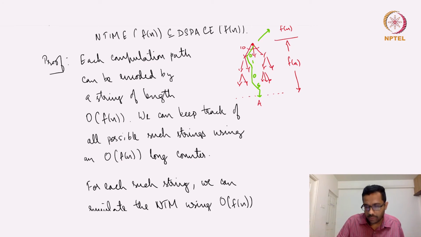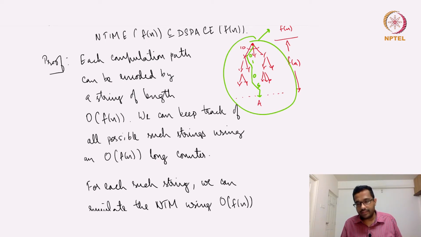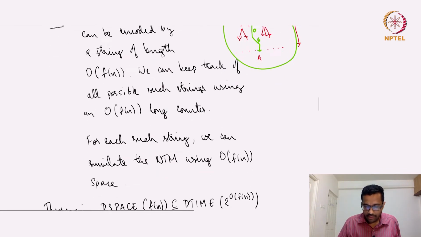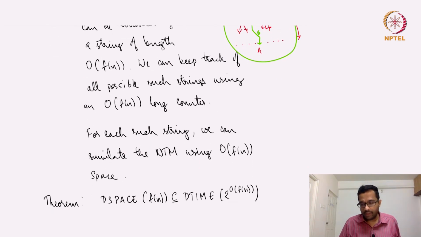So you basically do an exhaustive search in this computation tree, and this does not require more space than order f(n), because you are not maintaining the entire tree, you are just checking path by path. Each path is encoded by an order f(n) long string.